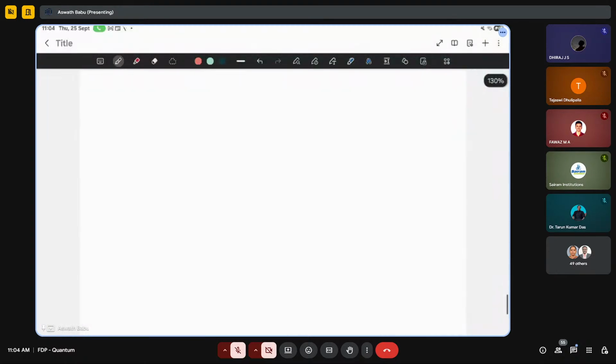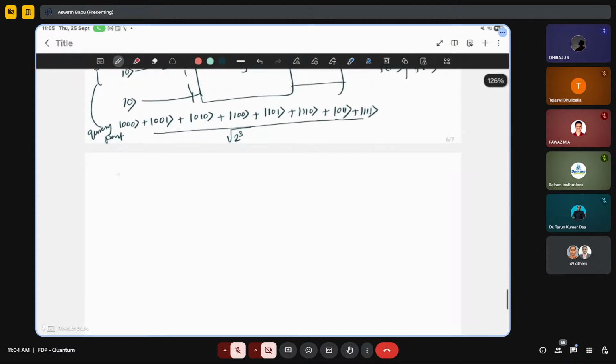Now, let's say I want a generalization to any n values of x.